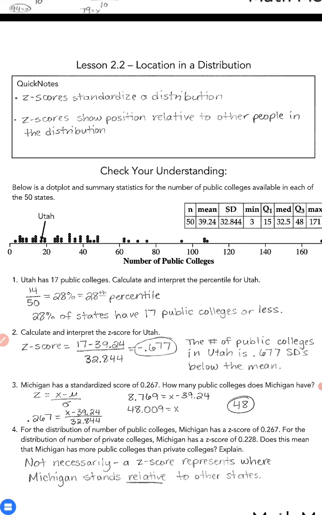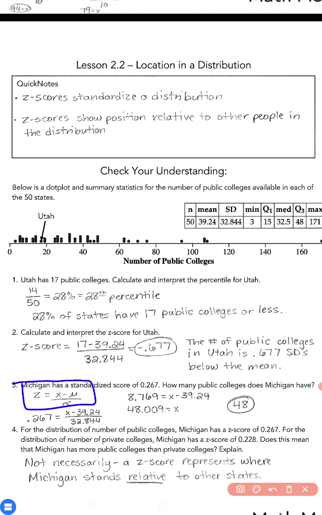How many public colleges does Michigan have? So what I am going to do is I am going to use my z-score formula, which is right here, and I'm going to plug in 0.267 as my z-score. Okay, what else do I know?